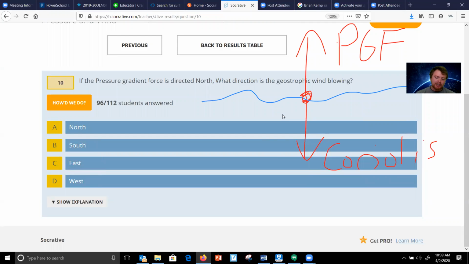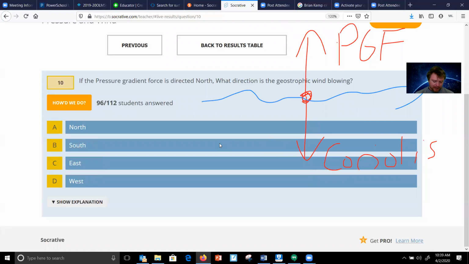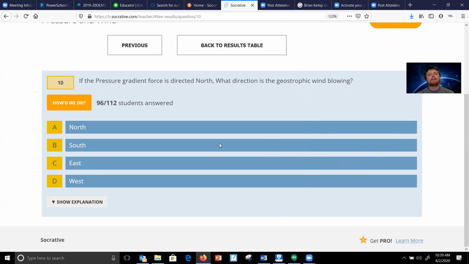Since for a lot of these three different things we're talking about, pressure gradient, Coriolis, and wind, you can be looking at the same situation as the answer for different parts of these results, okay? So that is a very important skill.